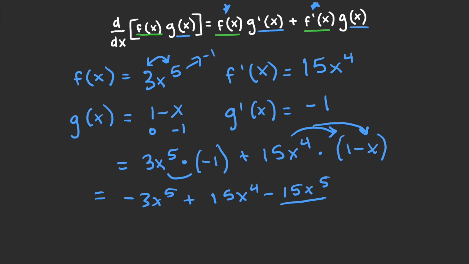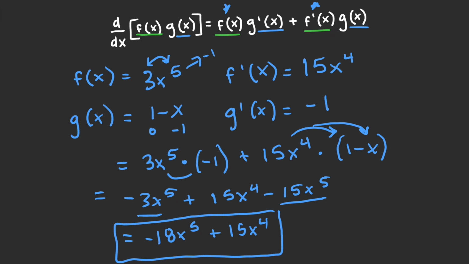And if you see it, this term and this term are like terms because they both have an x to the power of 5. So that would simplify further. -3 minus 15 would give us -18x to the 5th power plus 15x to the fourth power. This right here would be the simplified answer.